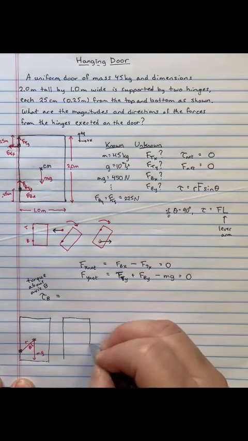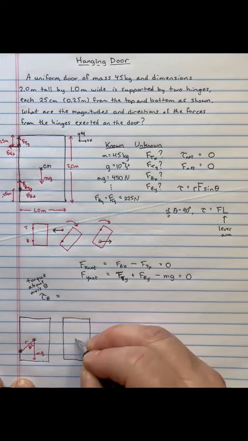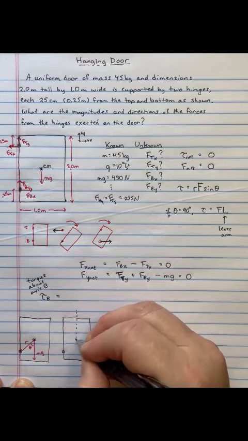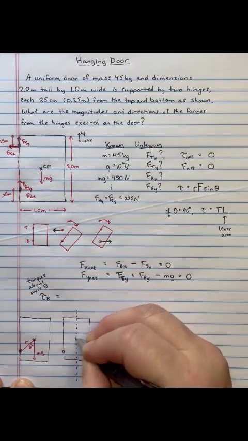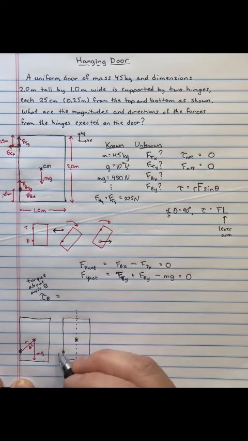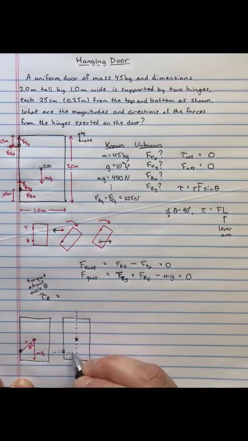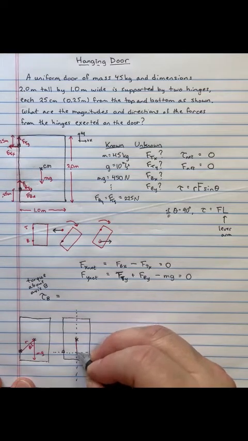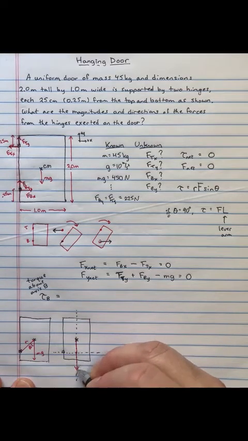So again, let me re-sketch our door very quickly, put our center of mass in and our hinge. And what I'm going to do is drop a little straight line through the center of mass all the way down like this, and I'll draw another line going across like this from the hinge that way. And notice something that happens then. The force is acting along this line, right? So here's the force acting in this direction.